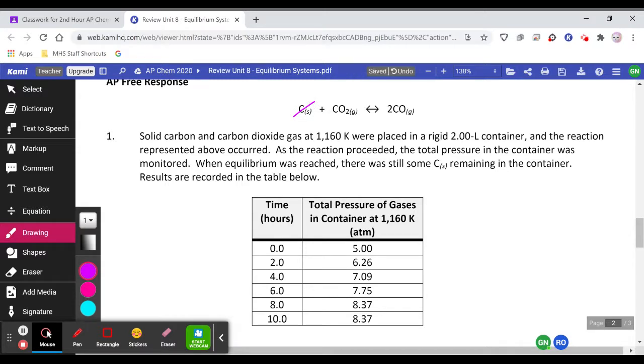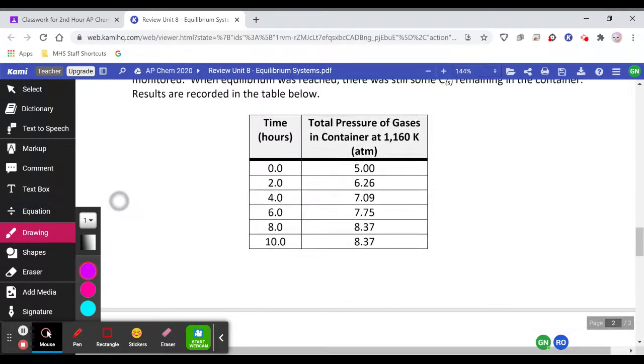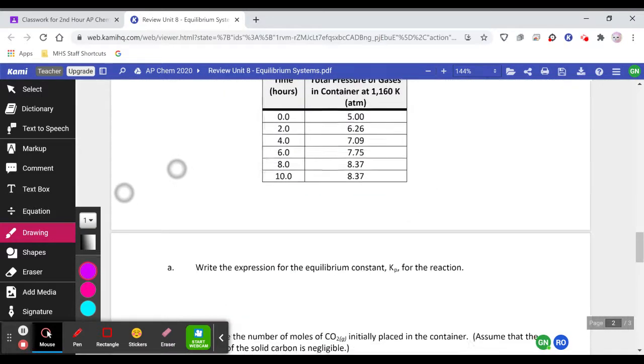We have solid carbon, we have carbon dioxide gas, we have our temperature, we have a volume. The reaction represented above occurred. As the reaction proceeded, the total pressure of the container was monitored, and it looks like recorded here in this chart. When equilibrium was reached, there was still some C remaining in the container, and results are recorded in this table below. We see as time elapsed, how that affected our total pressure in the container at that temperature.